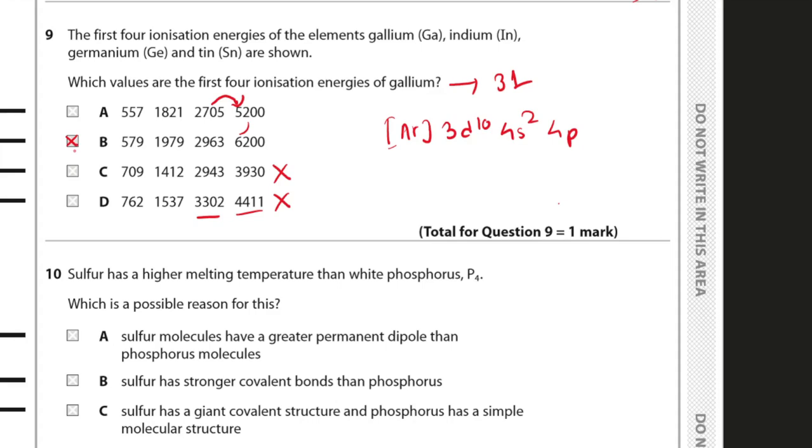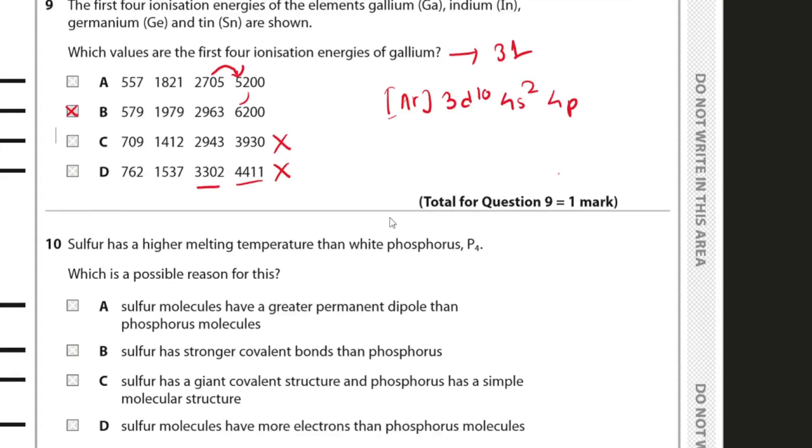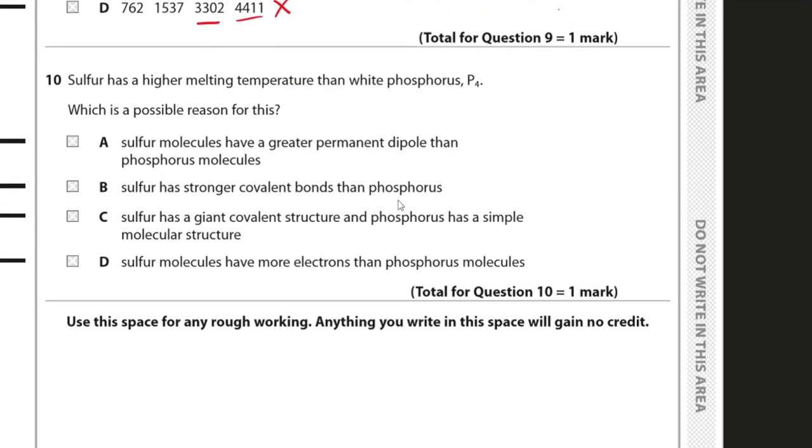So the whole basis of finding the correct trend is to analyze the whole electronic configuration correctly. Moving on, the next question says sulfur has a higher melting temperature than white phosphorus. Which is a possible reason for this? First of all, sulfur molecules have a greater dipole than phosphorus molecules.